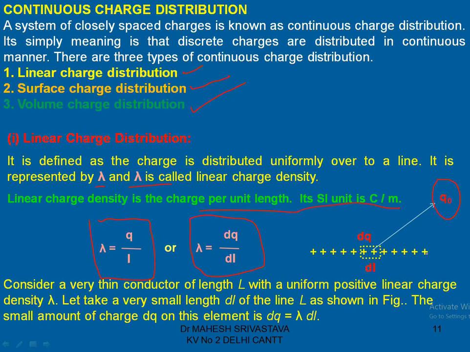For that purpose we consider a very thin conductor of length L with uniform positive linear charge density lambda, that is the charge is uniformly distributed over a line of length L. From here we know that dq equal to lambda dl. dl is a small length element, and in this length element a small charge is dq. So first we will calculate the force on q naught due to this small charge dq over the length element dl.